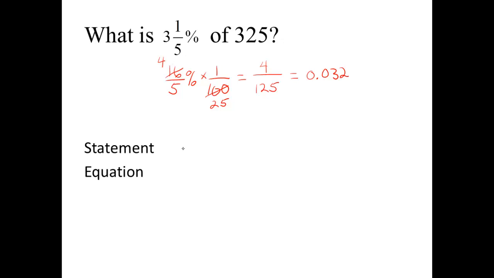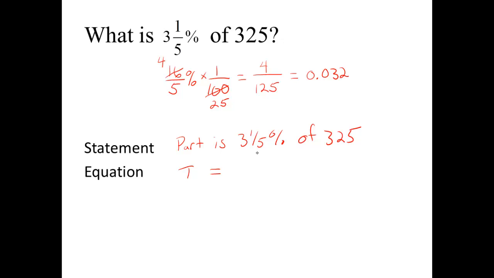So our question is, what is, so part is 3 1/5% of 325. We'll use t for our variable part. The is becomes an equal sign.